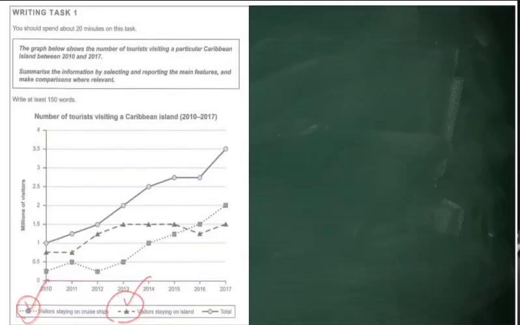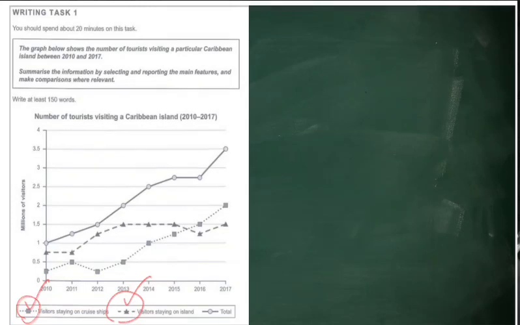So if you focus on the way it's going up or down, it would also give you an insight into what the ratio looks like, how the total is really divided, when visitors are preferring to stay on the island, and when tourists are preferring to stay on the cruise ships. Based on that, you can make up a short summary of 200, 250, maximum 300 words, right? The words really don't make much impact.